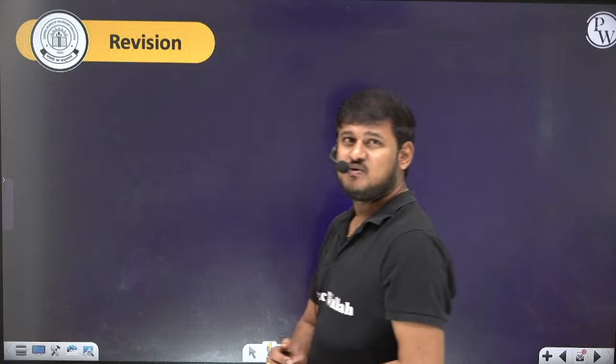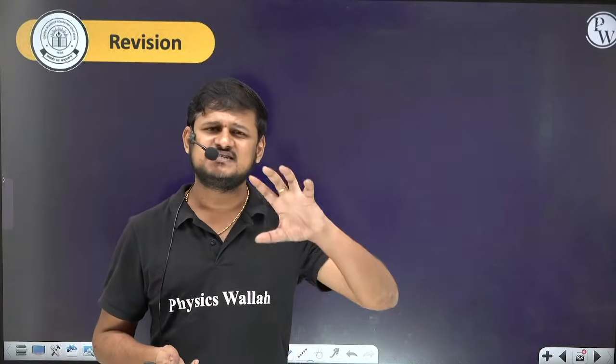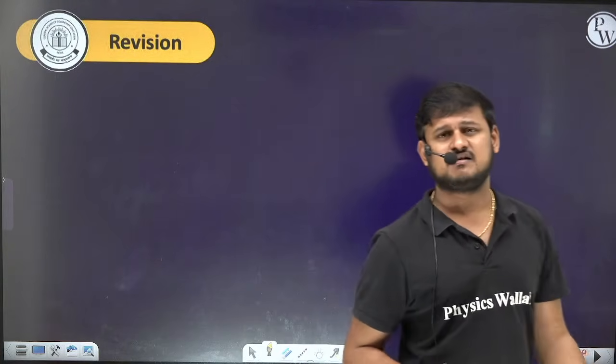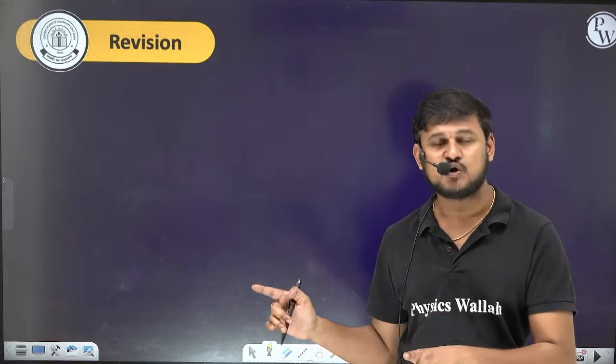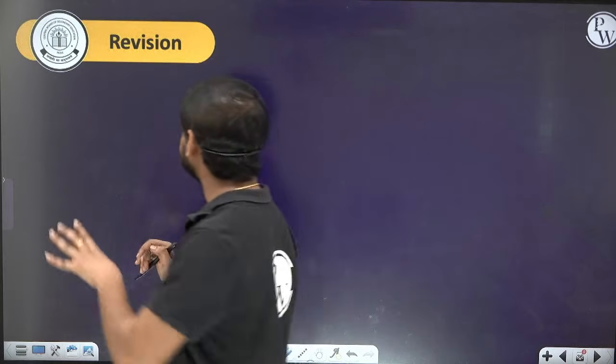Whatever we have learned in today's session is just about the dimensions. Almost 50 physical quantities' dimensions I wrote in the class itself, and we solved various numericals as well. What you have to do is just revise.